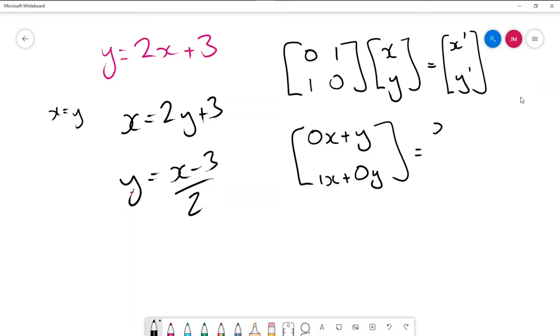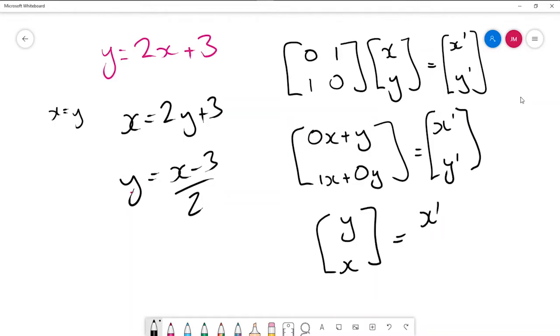The top part, 0x plus y, gives us y, and x is down the bottom. So the image of x is now y, and the image of y is x. So all we've done is swap x and y.